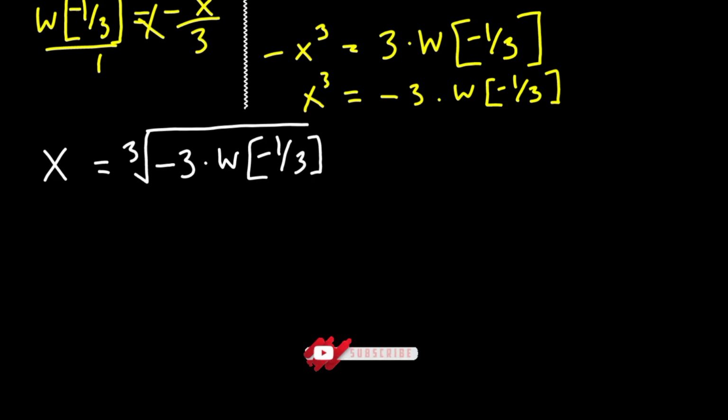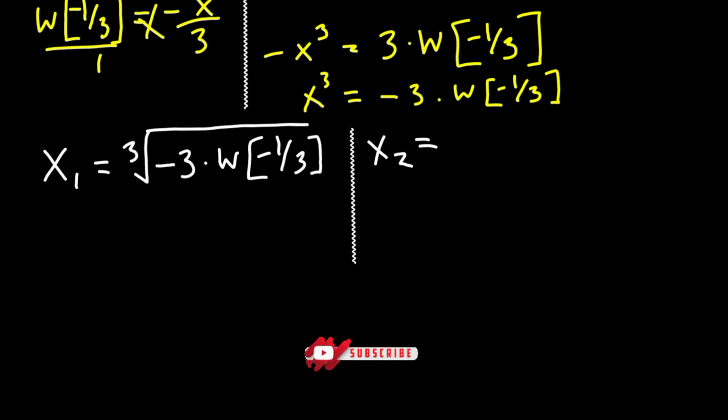But here now, we are going to be having two different values of x. So we're going to say this is our x1. We are also going to have a second value of x, which will be x2.